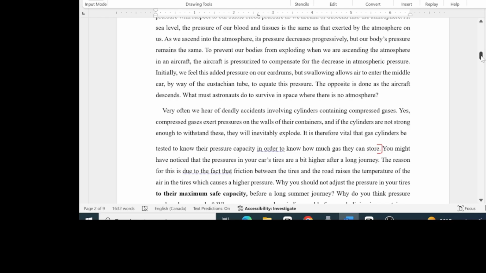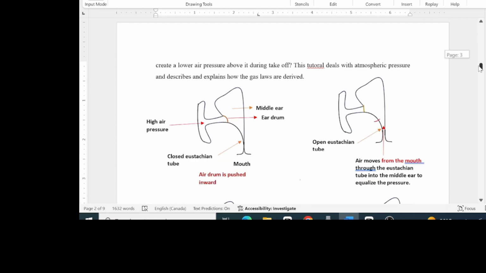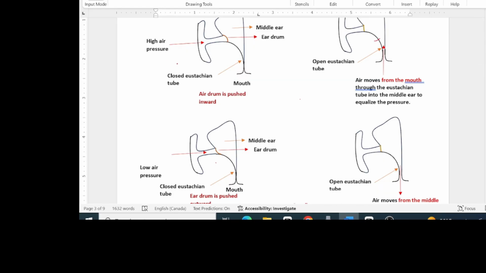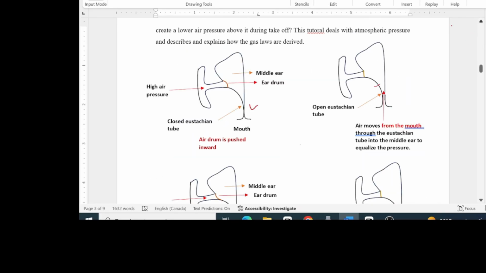Also, more oxygen is supplied with the air to make breathing easier. This increase in pressure within the cabin is experienced by the popping of our eardrums. The following figures depict how this popping happens. This figure here shows that we have a middle ear, which is an airtight cavity.